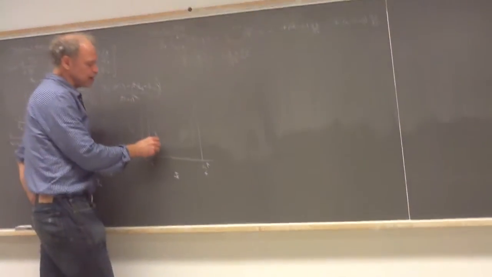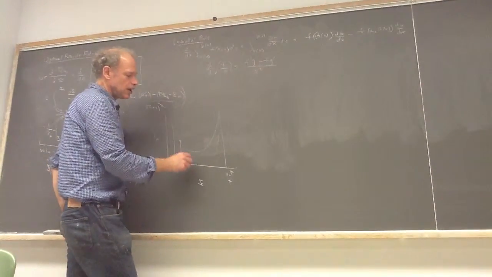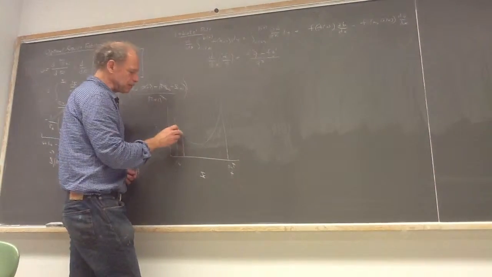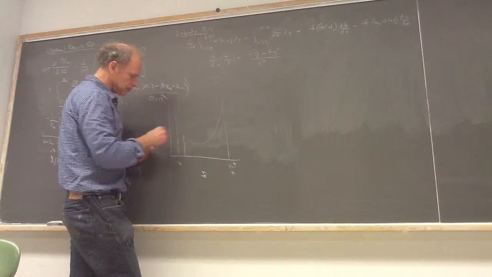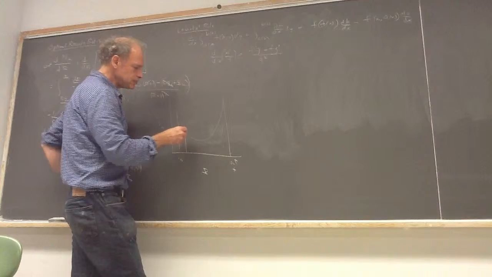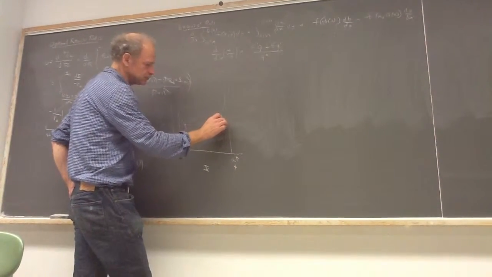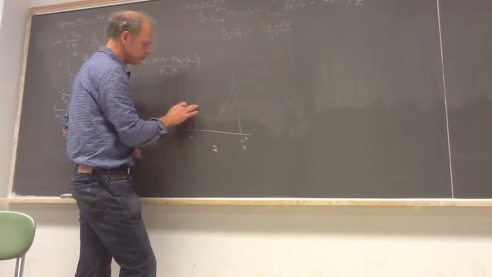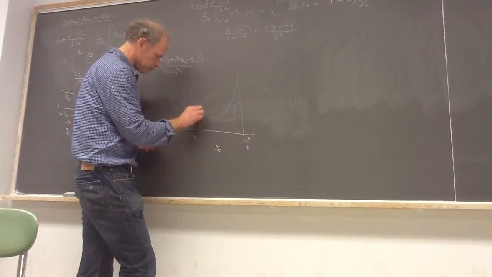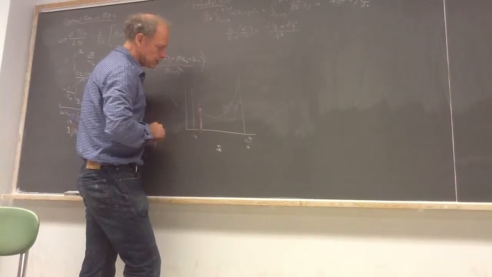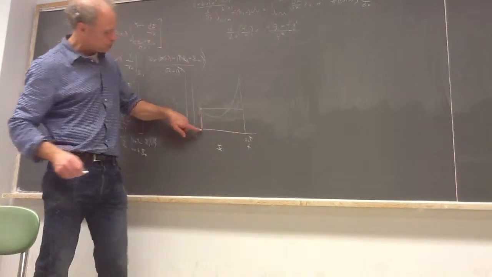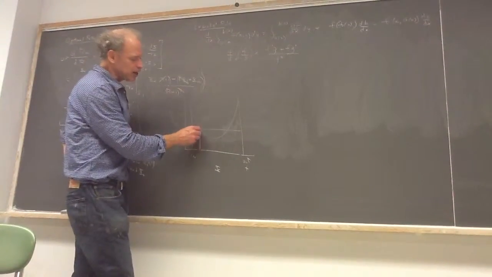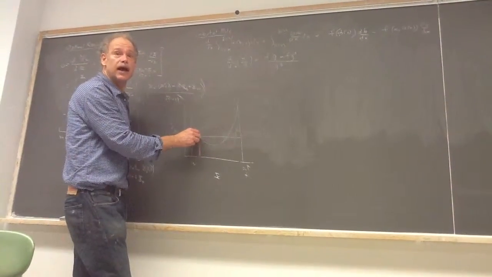I look at the average value of the curve. That is, I take this area and divide it by this length. The average height might be something like this. Here, this area more or less balances this area. The average height of the curve is equal to the height of the curve at the left endpoint.